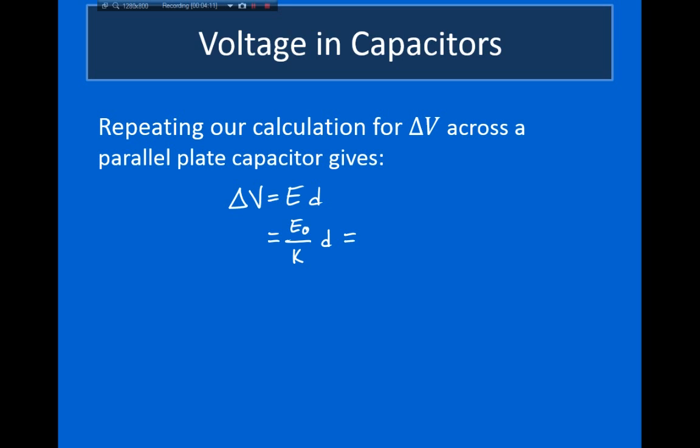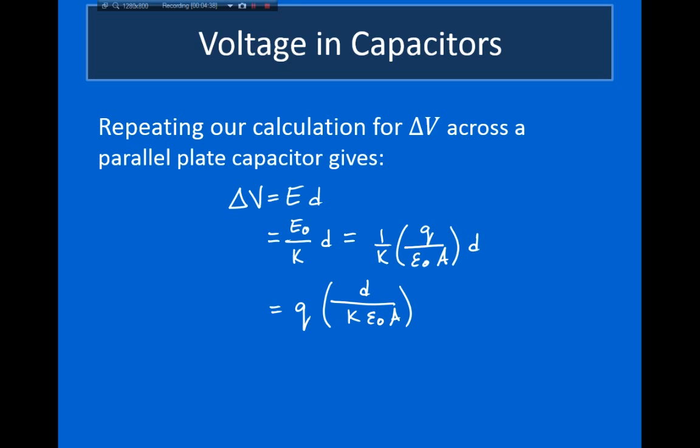And remember that the strength of the electric field inside a parallel plate capacitor is equal to the charge on the plates divided by epsilon naught times the area of the plates. So looking at this, this is going to equal Q times D divided by the dielectric constant times epsilon naught times the area.